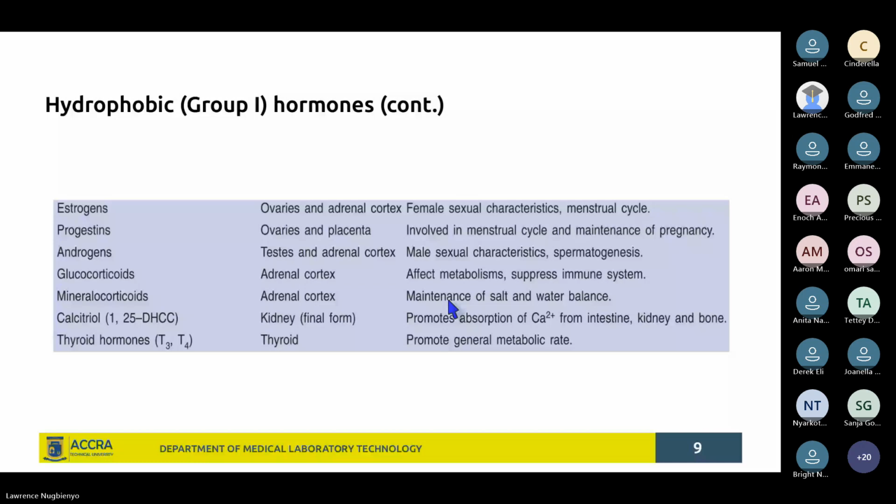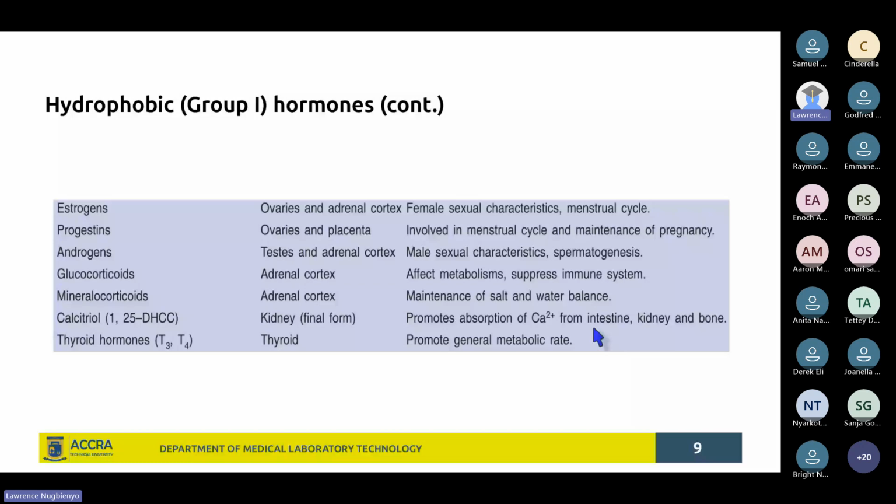Calcitriol, also, you find it being produced in the kidneys, and they are for the metabolism of calcium ions. So absorption of calcium ions from the intestine, kidneys, and the bone marrow.